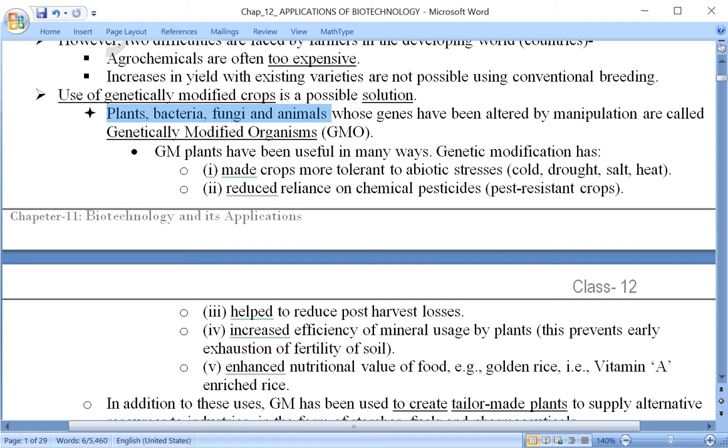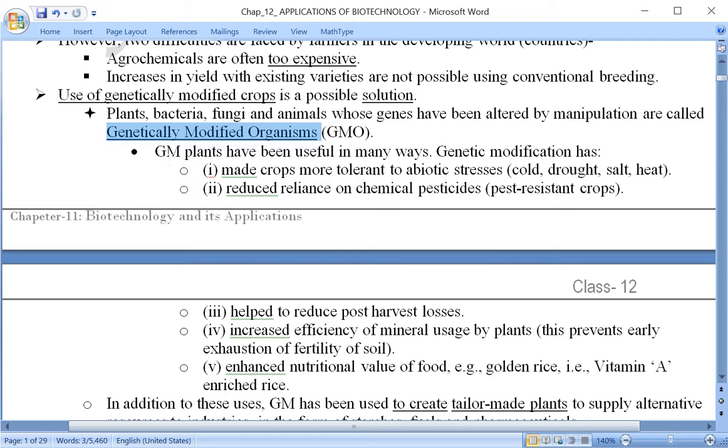And if their gene or the chromosome, or the DNA is being modified somehow, then they will be called genetically modified organism, in short GMOs.